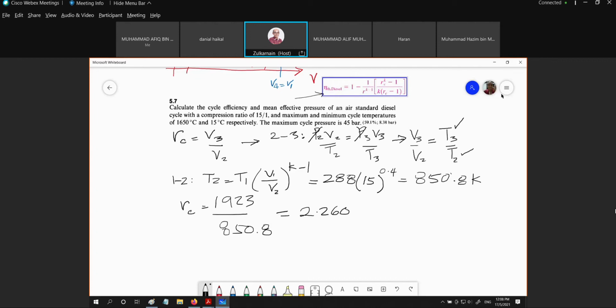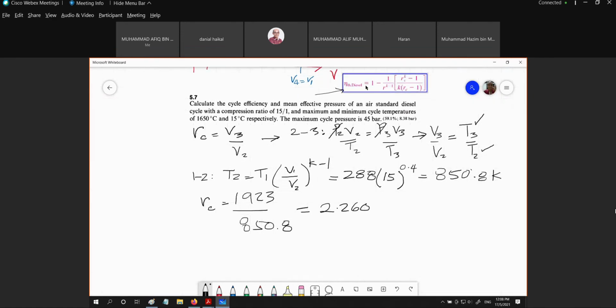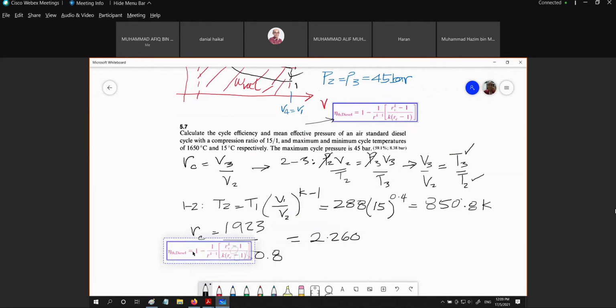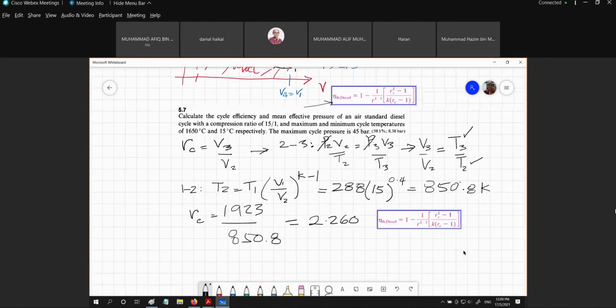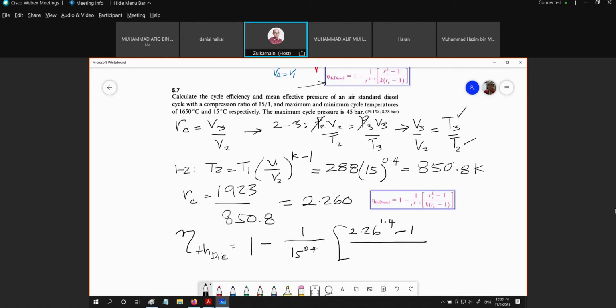Once you have your RC, put it right here. So thermal efficiency for the diesel cycle is equal to 1 minus 1 divided by 15 to the power of 0.4, multiplied by RC to the power of K, 1.4, minus 1, divided by K times (RC minus 1), that is 1.4 times (2.26 minus 1).